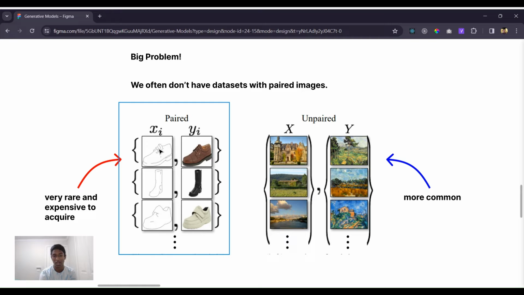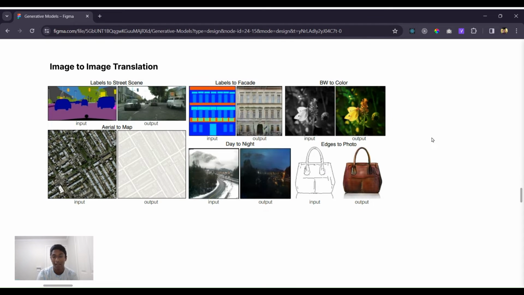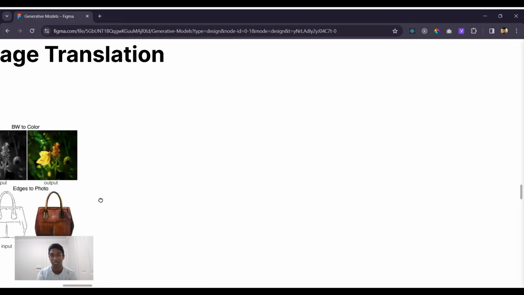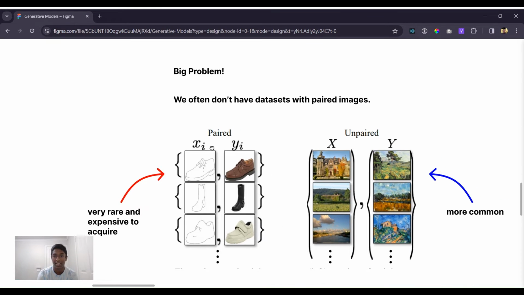Because if you think about this, we have to hire an artist to draw these edges, and we also have to hire an artist to actually draw the realistic image in the second domain. The same thing applies for all these other tasks as well. We have to manually create these black and white images, and manually transform them into color images. We have to manually create these labels and get the facade images. So it's a lot of manual process, and that could be really expensive. That's the big problem with paired datasets.